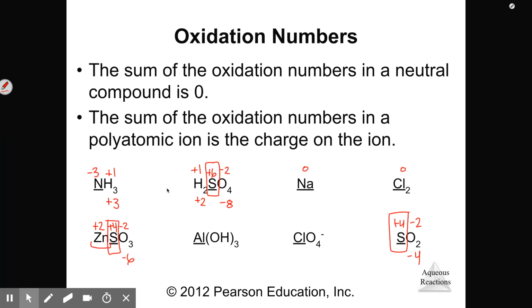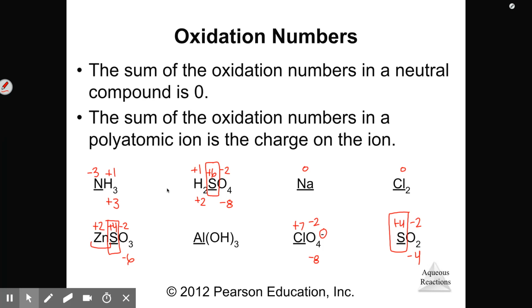Only other different thing could be if we have, like with this ClO4 minus, an extra electron in that. It's an ion. So we need to take that into consideration when we're balancing. So our oxygen here, -2 apiece for a total of -8. And we need to keep one of those negatives. So that means that our chlorine has to be a +7.